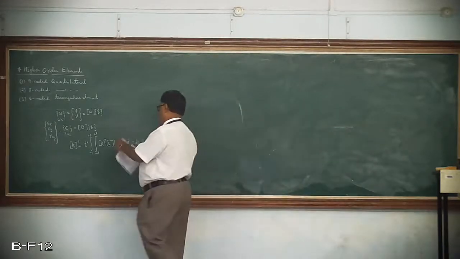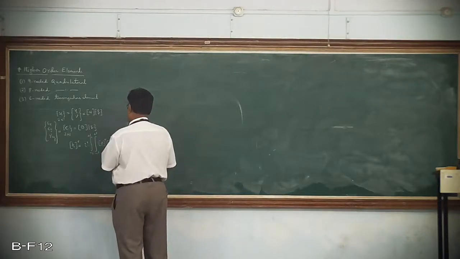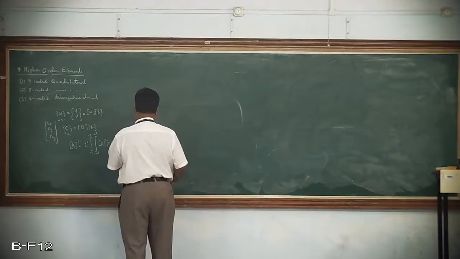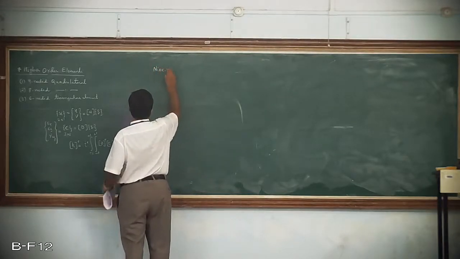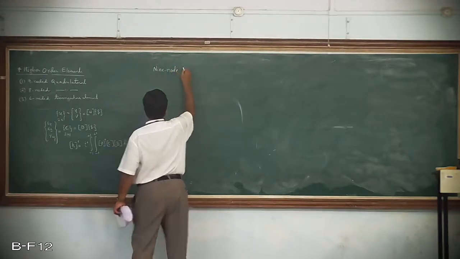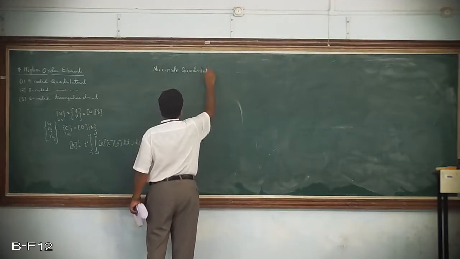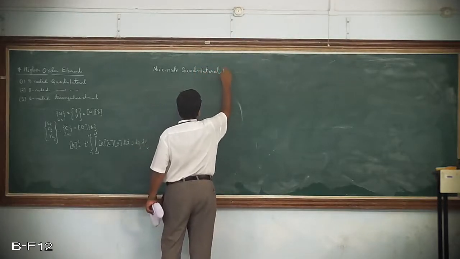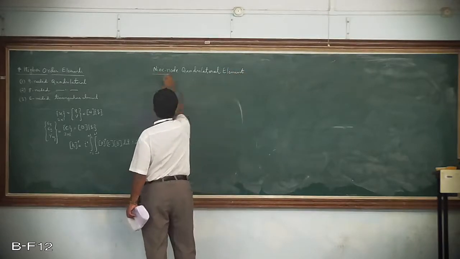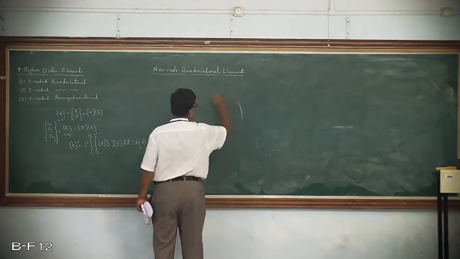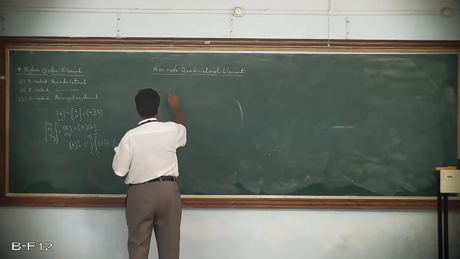So with that, let me quickly go for the first type of element, which is called a 9-node quadrilateral element. First, let me draw the general drawing of the element, the Cartesian coordinates. Then I will draw the master element, and then we will draw the remaining part.